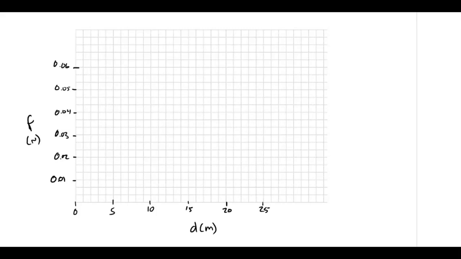Plotting our points, we know at 5 meters it was 0.64. So that's 0.0633, so just a little bit above, and we'll put that in.